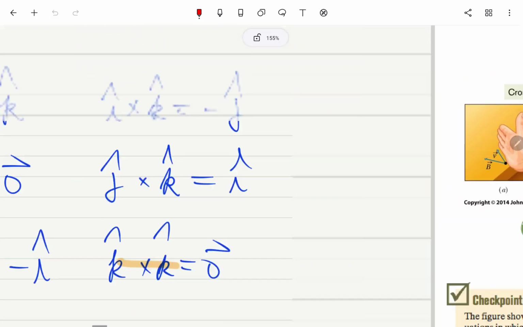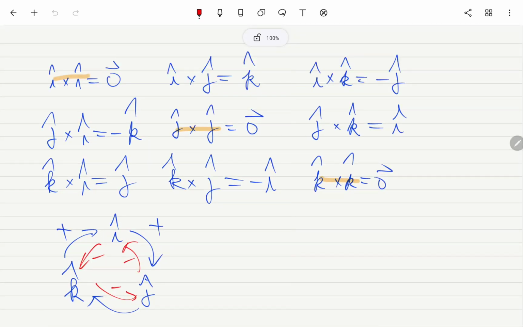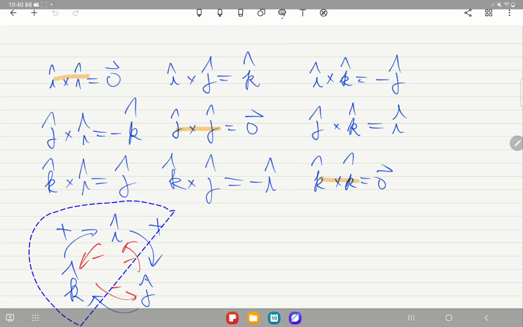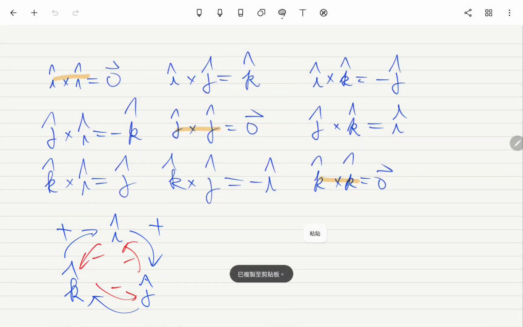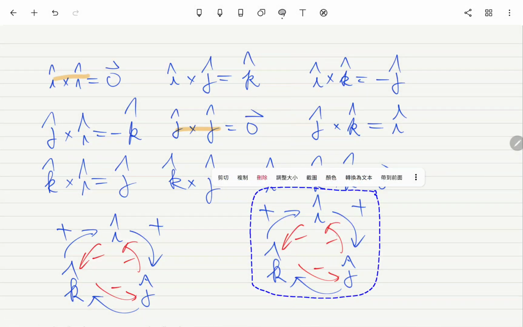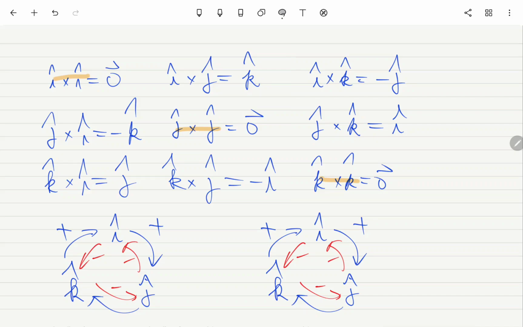What I mean is, if we go from i cross j, passing through this positive side, it becomes positive k, and so on. j cross k will be positive i. k cross i will be positive j.